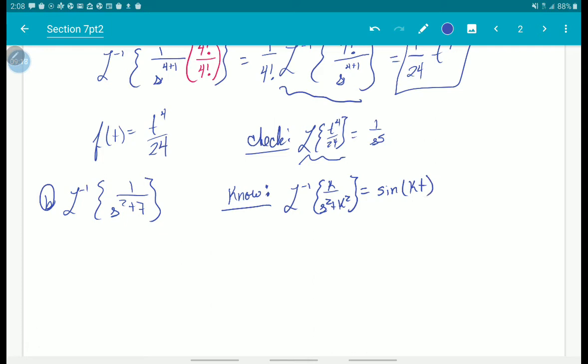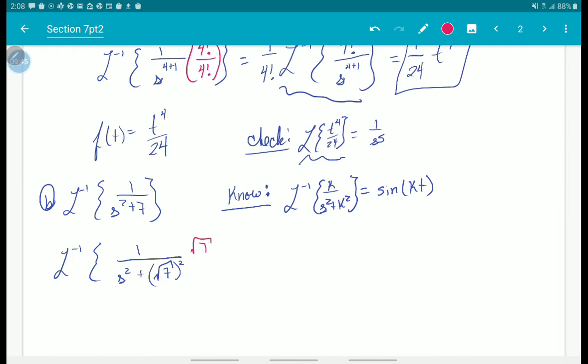We just have to do some tweaking to get us there, because right now we're missing a number in the numerator. So let's tweak. Now we could rewrite 7 as the square root of 7 quantity squared. So that gives us our k squared. So now we know k has to be square root of 7. But we're still missing that square root of 7 in the top.